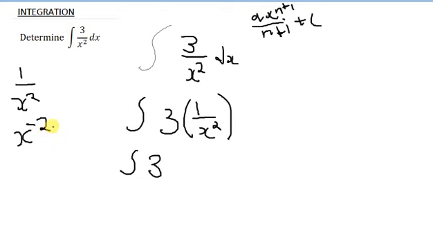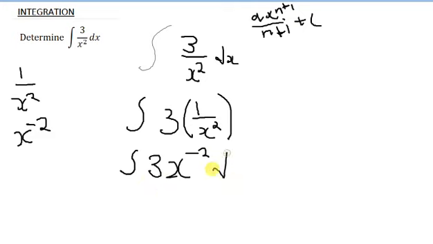So x to the power negative 2 will simply give us this one if we go to the laws of indices. Since we have our 3 here, it will simply be x to the power negative 2. As simple as that. So we've shown it like that.